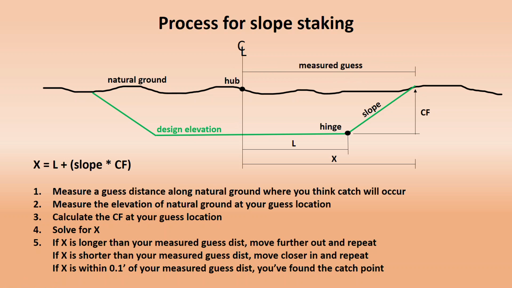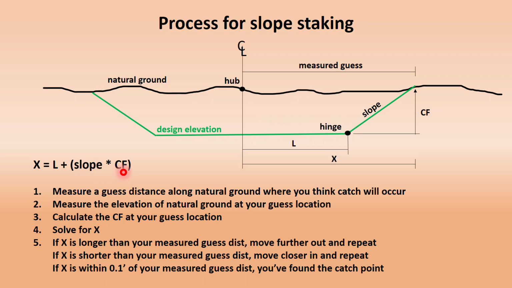Once you know the elevation of the ground where you took that guess, now you can compute the cut fill, because the cut fill is just the elevation of the ground minus the design elevation at that hinge point. If you know cut fill, you can now compute the horizontal distance required to achieve that cut fill along the prescribed slope, and then you add that to L. That's where the equation comes from.